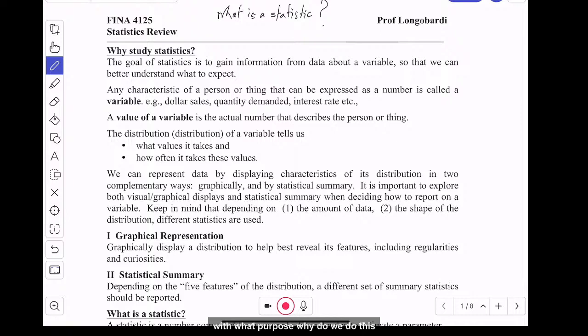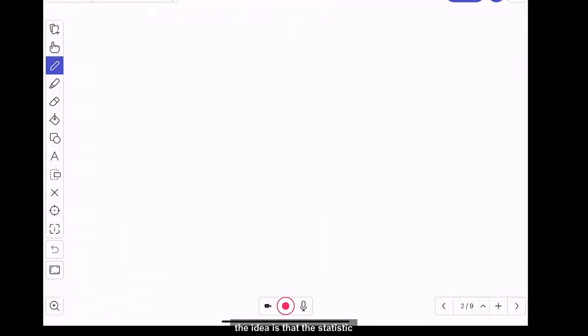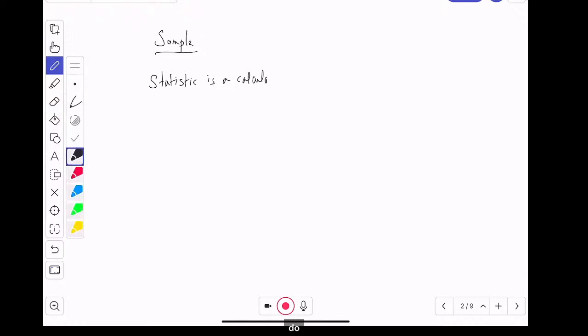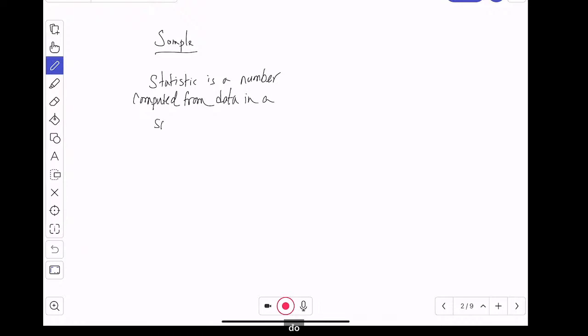With what purpose? Why do we do this? A statistic is a number computed from data in a sample.